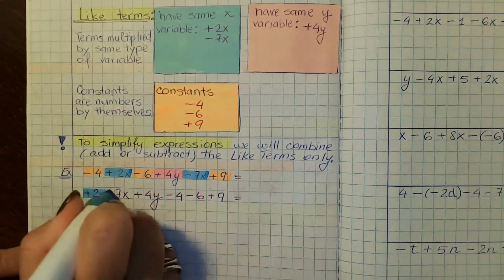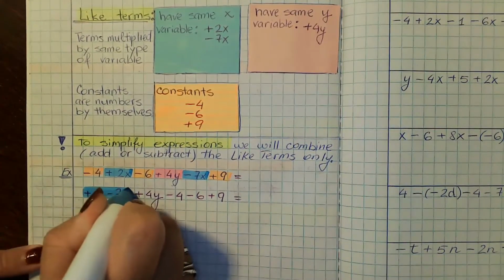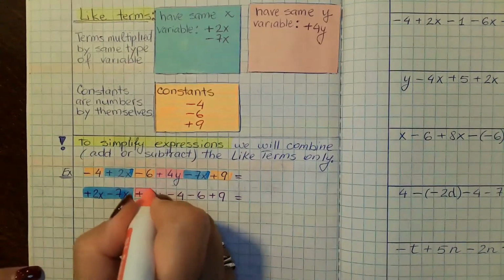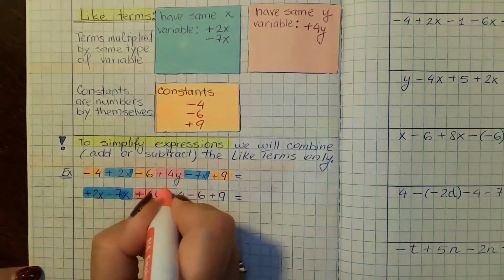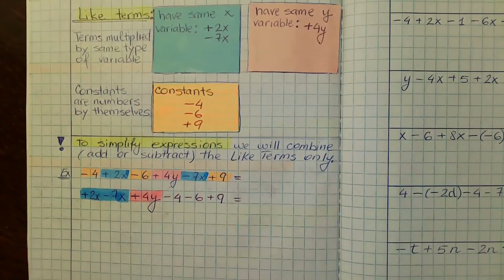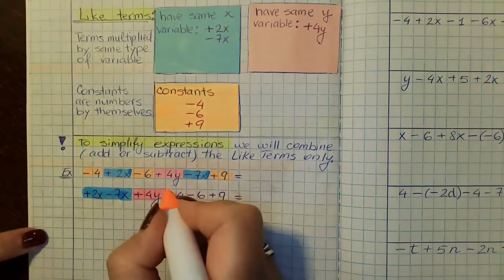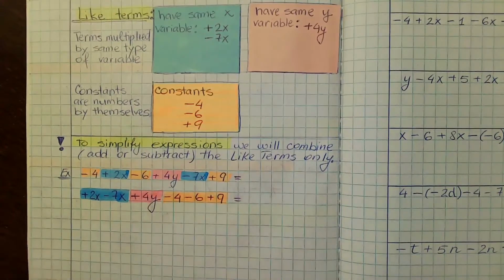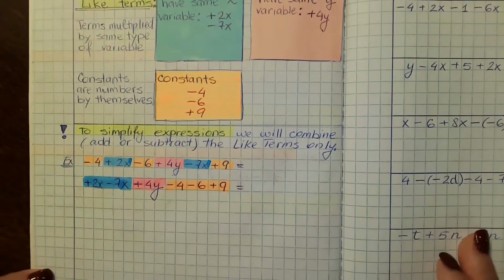So we have two x terms that can be combined together. Then we have our y term by itself, so that one will stay alone and not be combined with anything. Then we have the three constants that are going to be combined with each other, means added or subtracted.